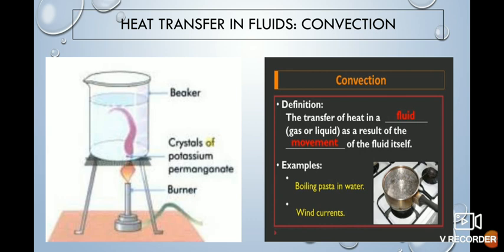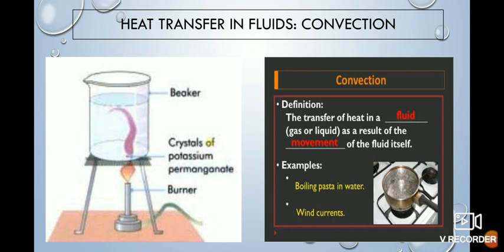So this cold water again gets heated, it rises up, and the next molecule of cold water again drops down. And this cycle of movement of water molecules continues till all the water in the beaker is hot. So if we want to define convection, we can say that it is a transfer of heat in a fluid, that is a gas or a liquid, as a result of the movement of the molecules.